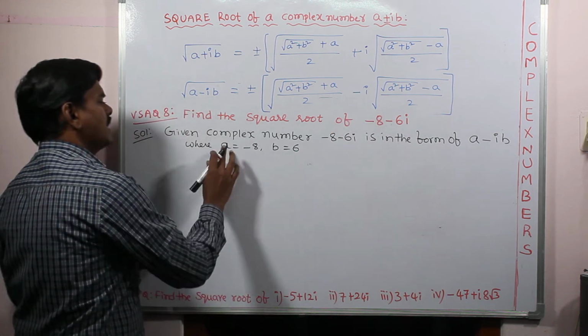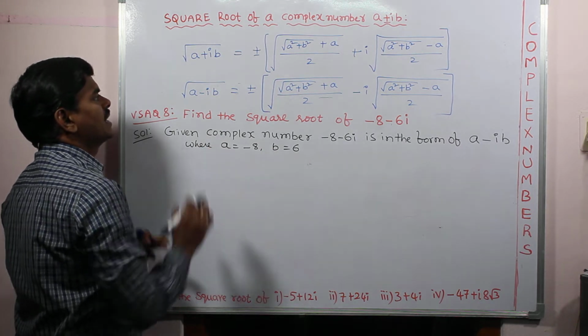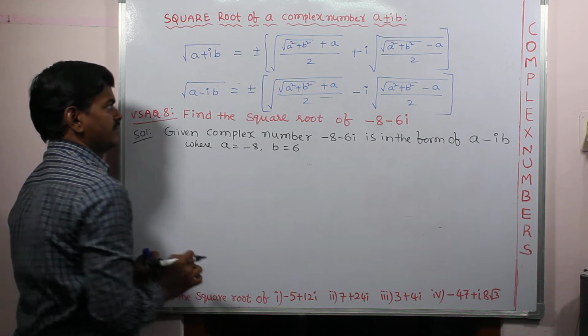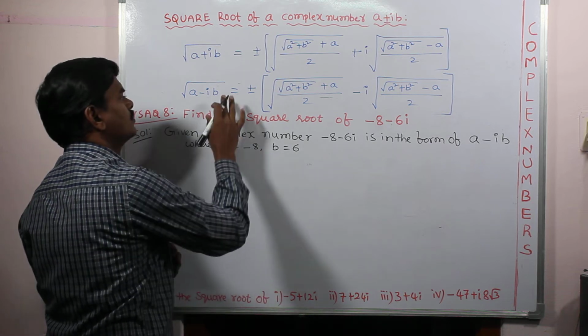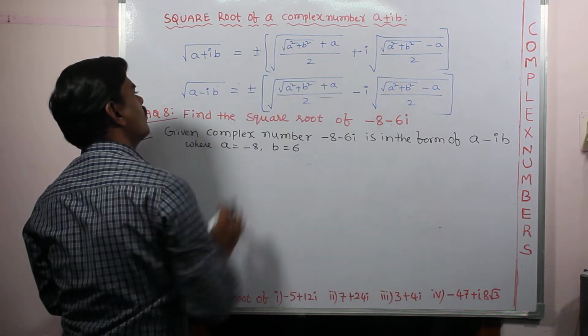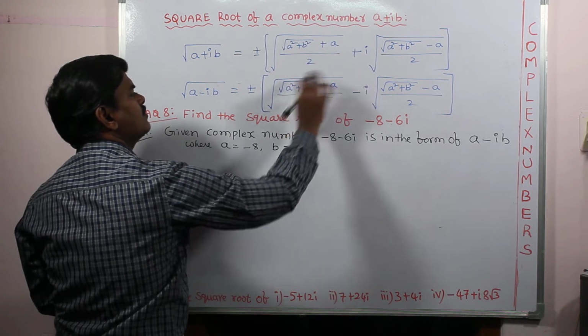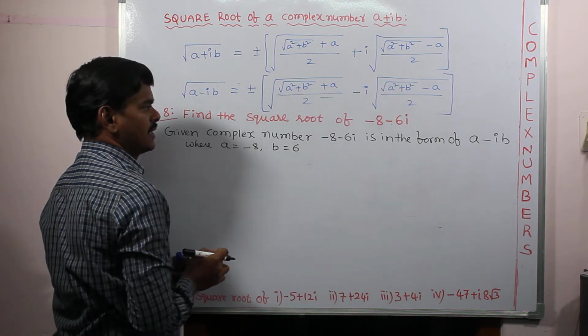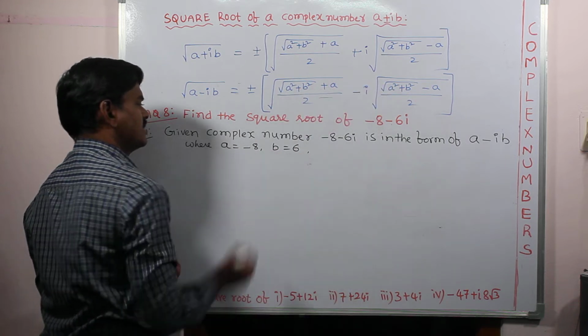Now after having a and b, immediately find root over a square plus b square. Before you go to the formula, it is better to find root over a square plus b square, because it can be used twice, here as well as here. So let us find it.